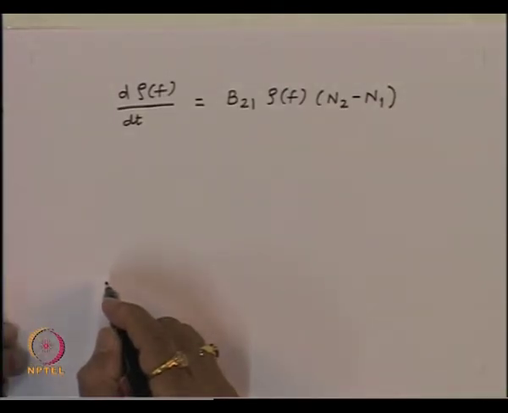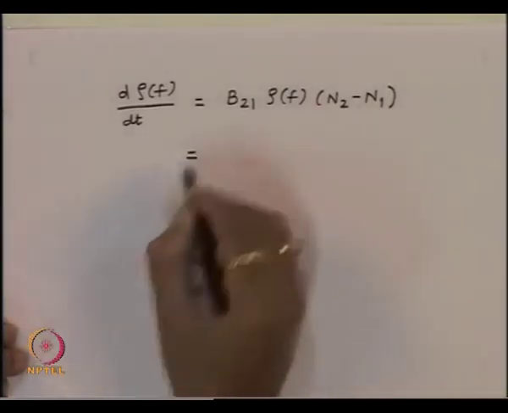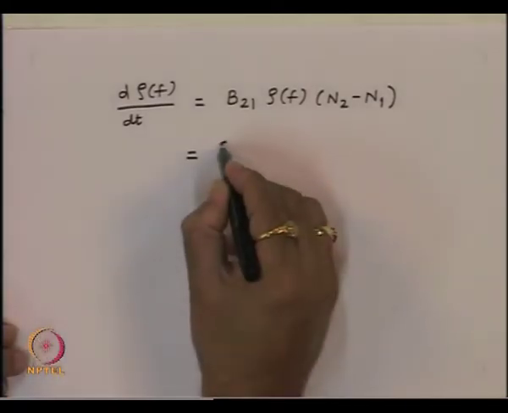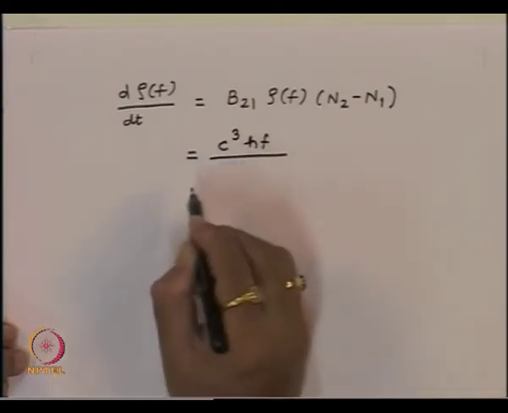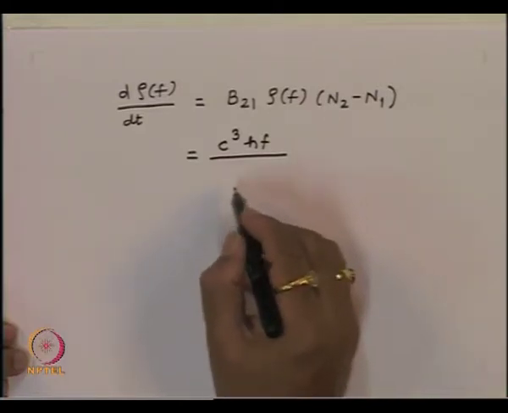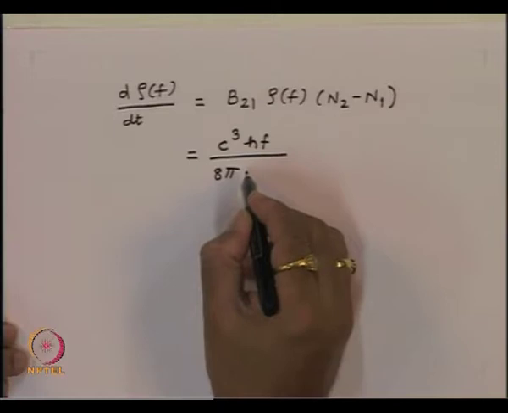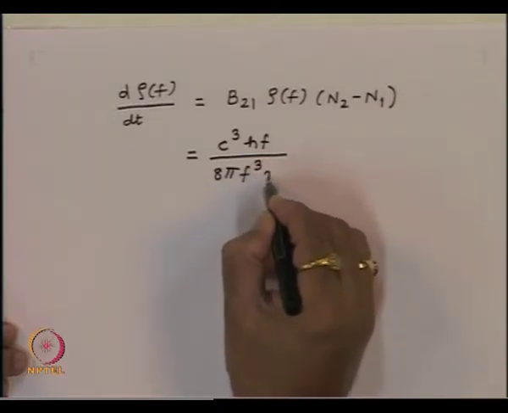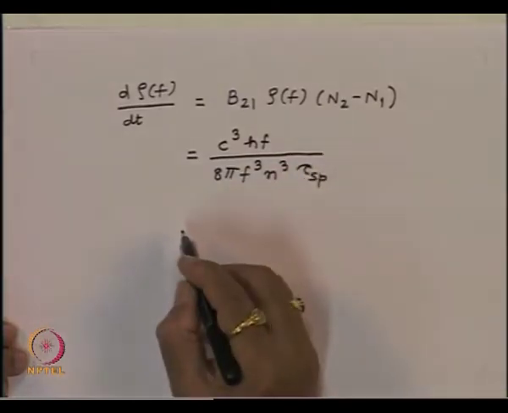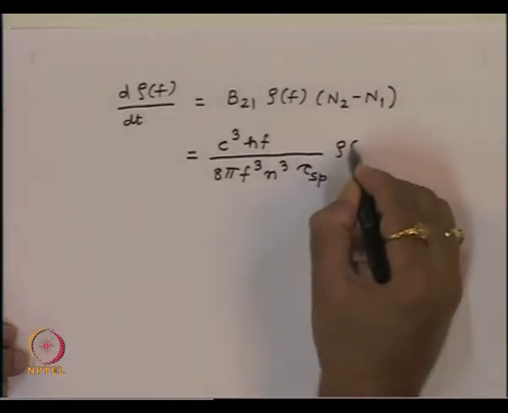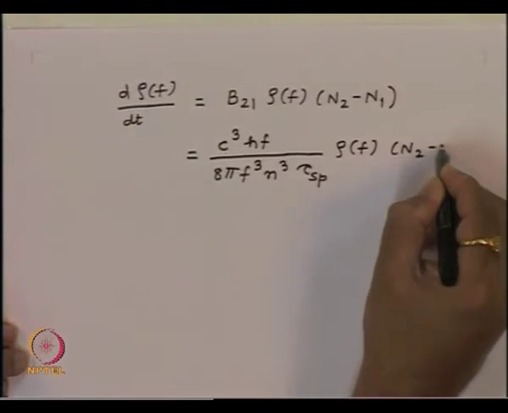If you go back and get those expressions as we derived from comparing the black body radiation and the Planck's constant, then we can get the expression for B21, and this expression essentially would become c cube h of f divided by 8 pi f cube n cube tau spontaneous into rho of f into N2 minus N1.